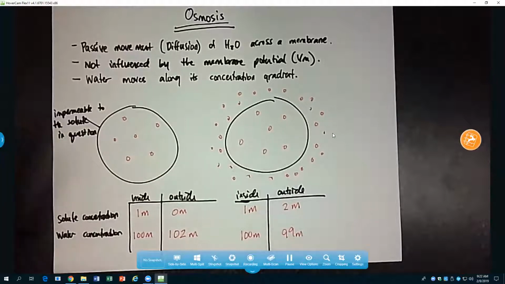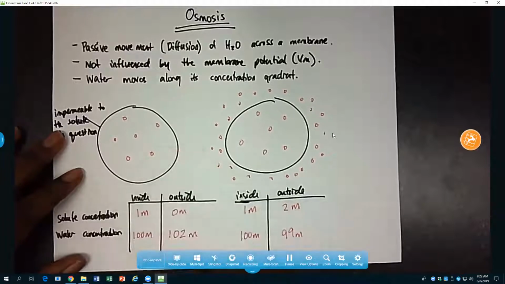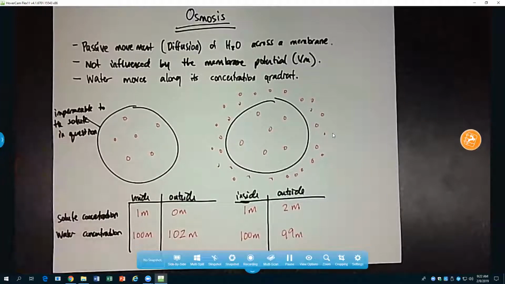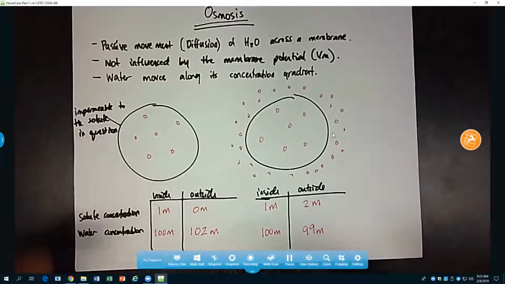And so there's a tendency here where this solute would want to move outside the cell. But there is a problem. This membrane is impermeable to the solute, so the solute cannot move here. So what will happen is water will move according to its gradient to compensate for the concentration gradient of that solute. So I'll explain what that means.